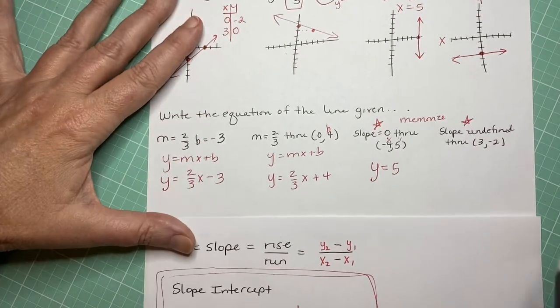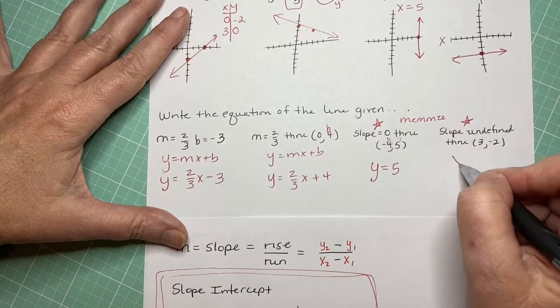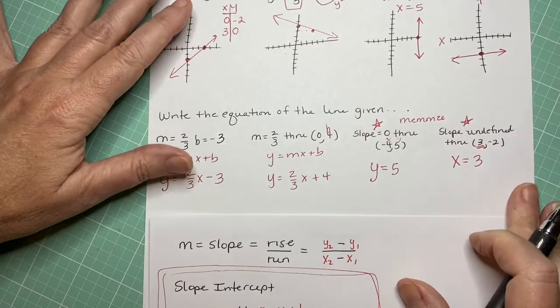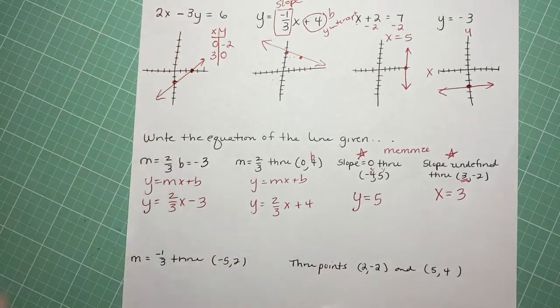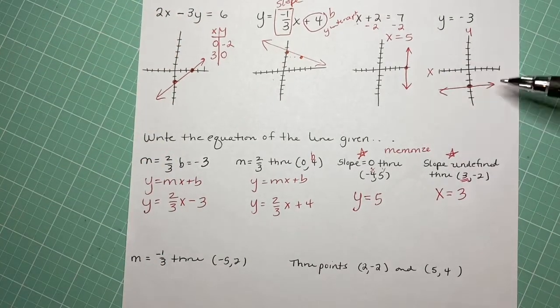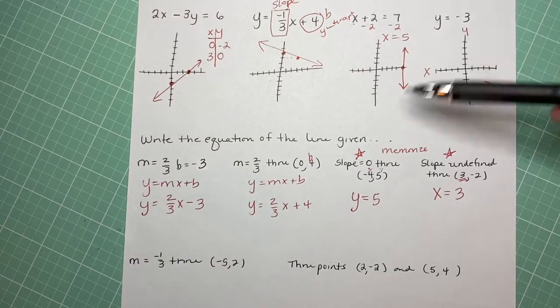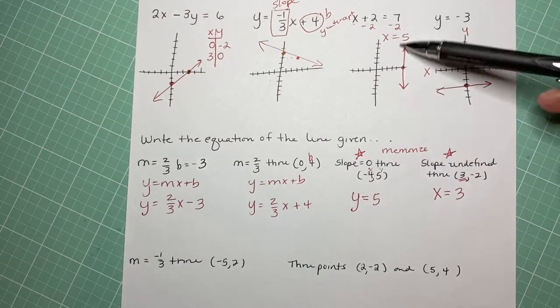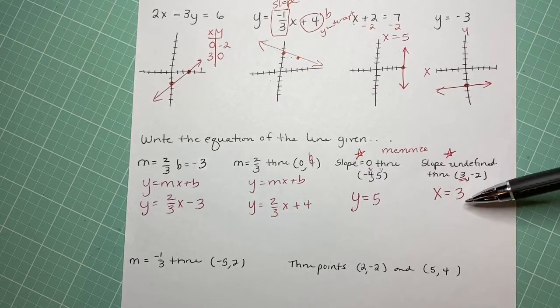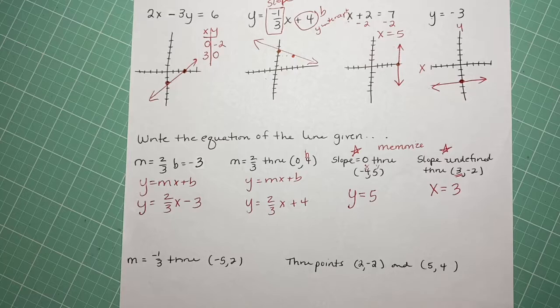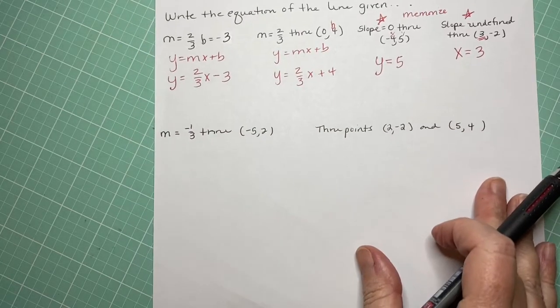And then this next one, slope undefined. Undefined is always x equals, and what's my x value? 3. The nice thing when you have them right next to each other, you can also use these graphs up here, because slope 0 means it's flat, and which one was that? y equals. Undefined was vertical, and what was it? x equals. So you can always use those to help you if you need to.